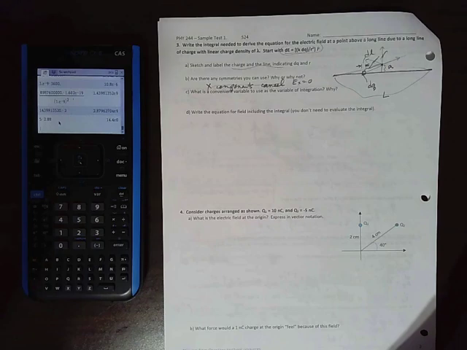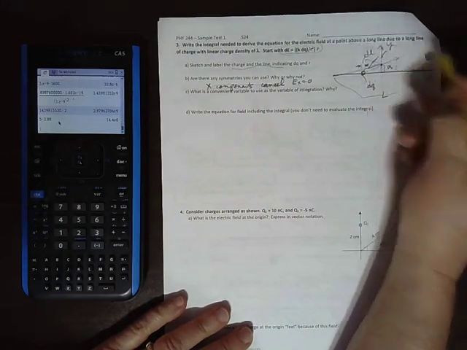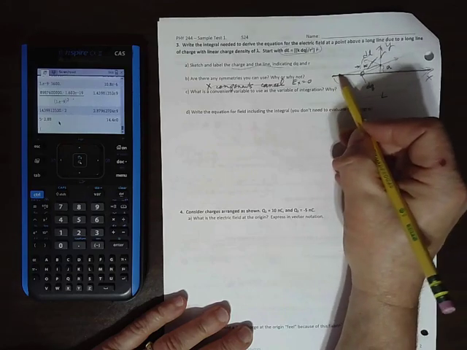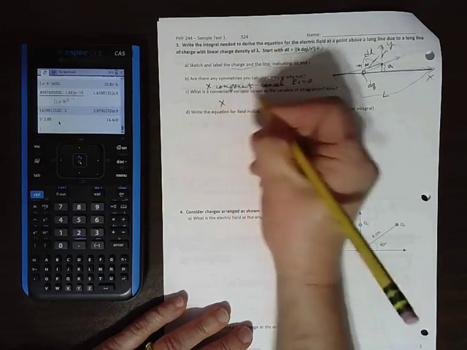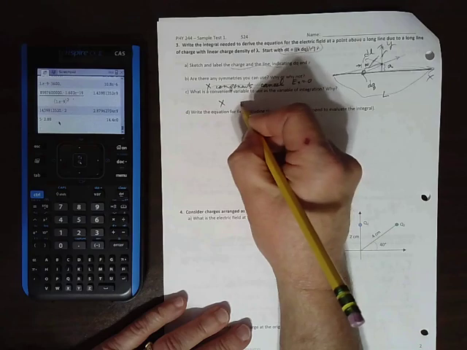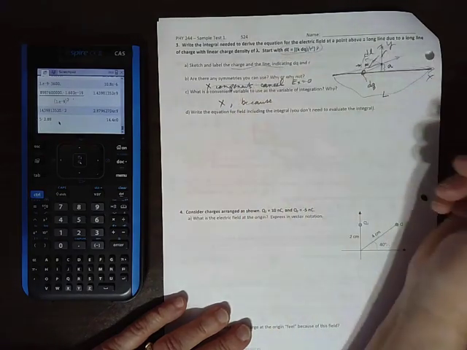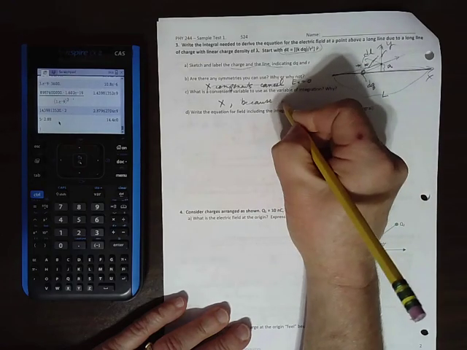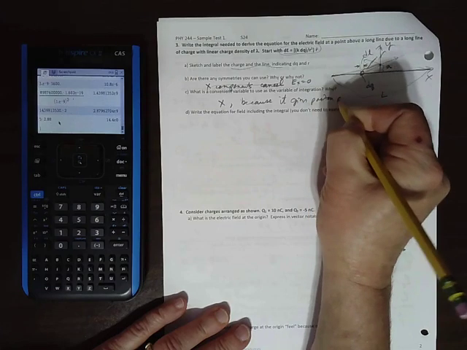What is a convenient variable to use as the variable of integration? All right, so we'll assume we have an x and y axis here. And so the thing that's changing as we go through our dq's is x. So I would say x, because it gives the position of dq.